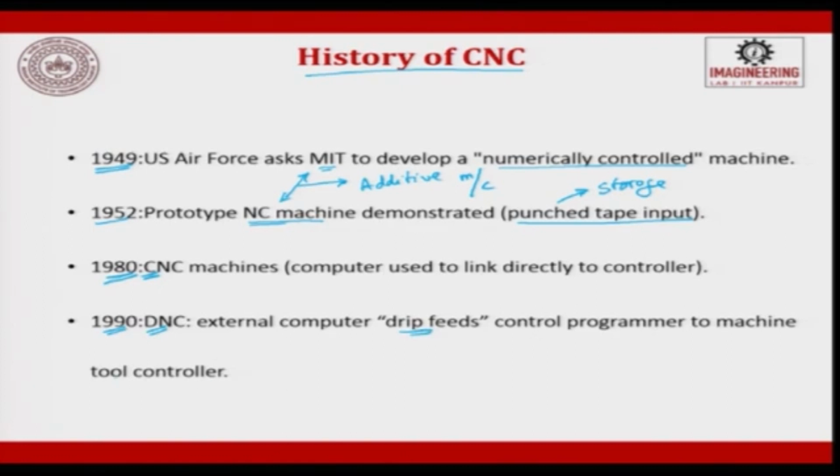So, here what happens, the complexity of the parts started growing, and at that time we needed very long lengthy programs. So, computer servers had a restriction in memory. So, the program was completely stored in a main server, and as and when it is required, when the program gets executed, maybe 50 lines, 100 lines will be called from a server and brought to the CNC machine and then used.